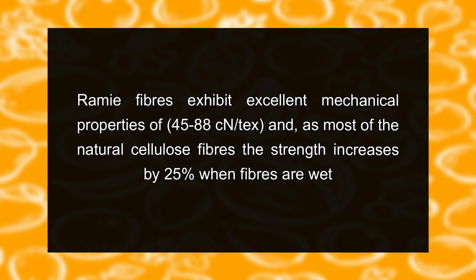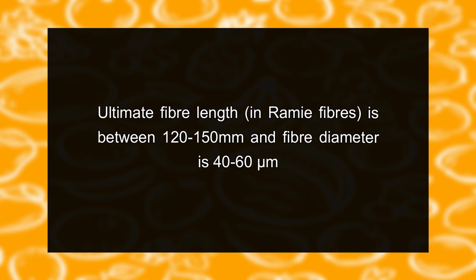Rami fibers exhibit excellent mechanical properties, that is 45 to 88 cN per tex, and as with most natural cellulose fibers, the strength increases by 25% when fibers are wet. The ultimate fiber length is between 120 to 150 millimeters and fiber diameter is 40 to 60 micrometers.